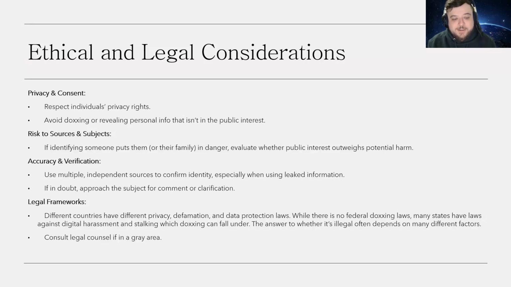And if in doubt, you should just ask the subject about it. Obviously, in the case of Putin's spy chief, they're probably not going to comment on it, but in the case of Mark Robinson, he's considered a public figure, and ideally a person who's going into politics should probably be open for comments to the public.